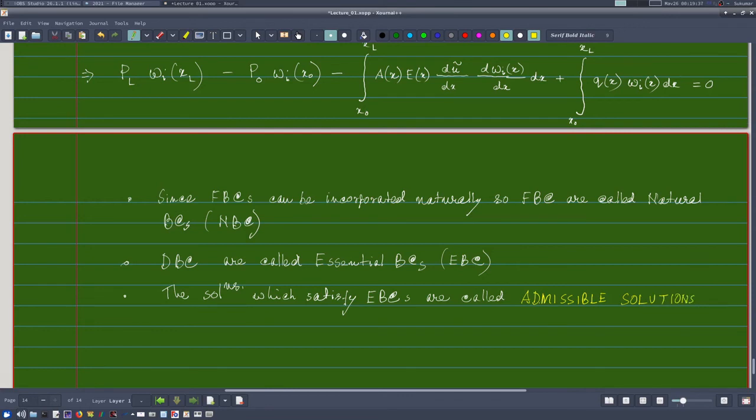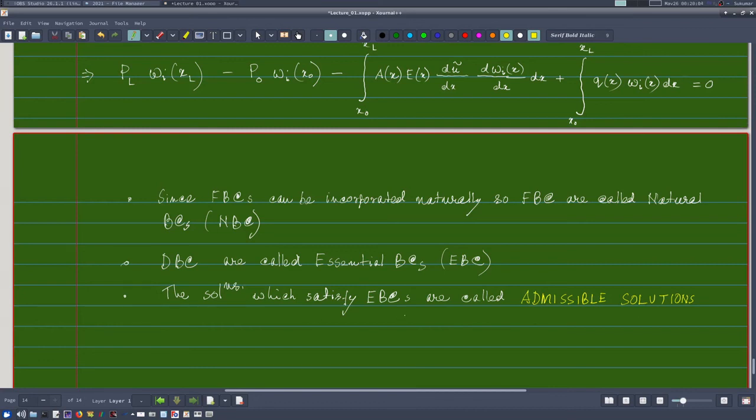So we have learned quite a few new terms. One is the essential boundary condition, the other is the natural boundary condition. We have learned what is weak form of the solution, what is total residual, okay, and what are weighing functions. And in Galerkin method, the weighing functions are taken as the partial derivative of the assumed approximate solution itself.